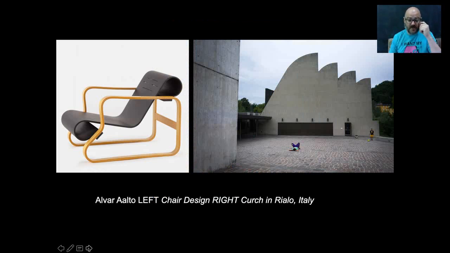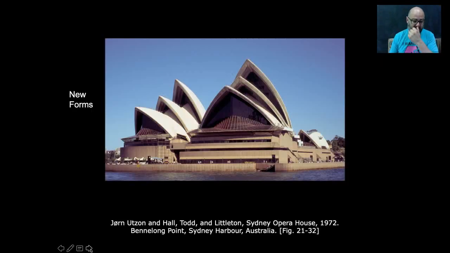This is a church in Riola, Italy that I love to show because here he designed the chair, here he designed the church, and they have much more sense of freedom, openness, rhythm, and organic qualities. This looks like a natural form, like a plant, as opposed to a building, which is beautiful about it.